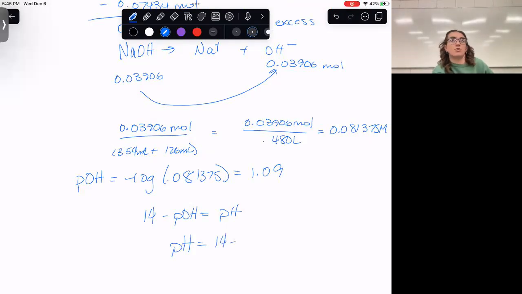Because you just have excess strong, so everything will just completely dissociate and you don't need to use your ice table.